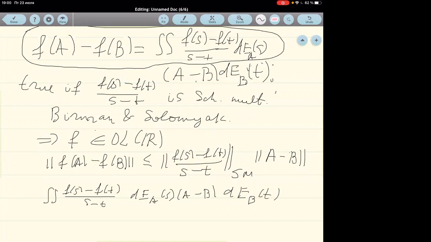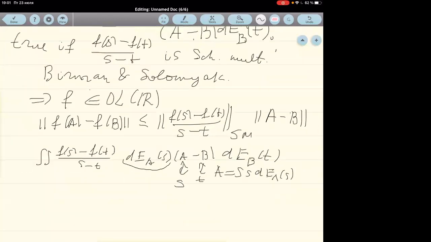Actually, when we integrate, then A can be replaced with multiplication by s, because here we have the spectral measure of A, and A is equal to the integral of s dEA of s. So we can replace A with s and B with t. After we replace A with s and B with t, we have a cancellation.